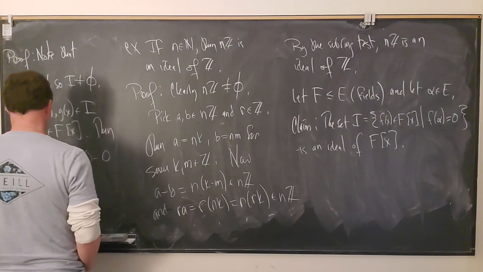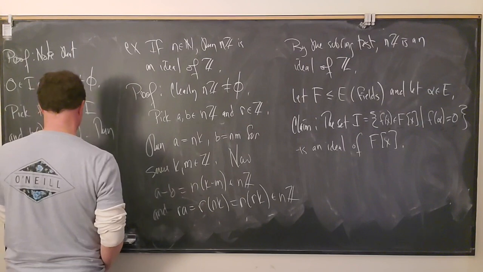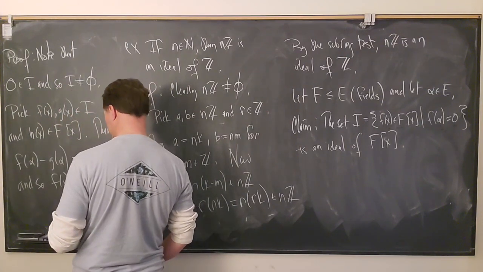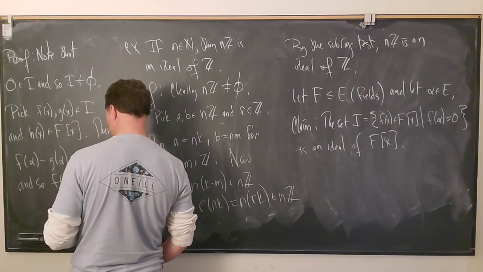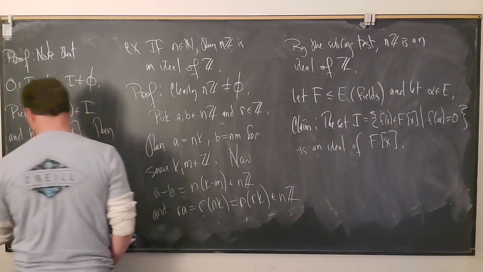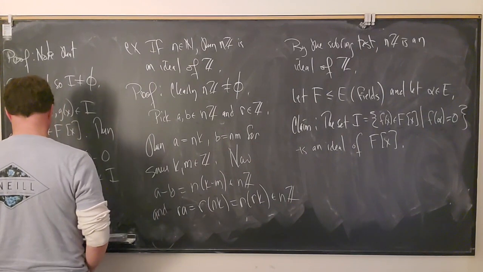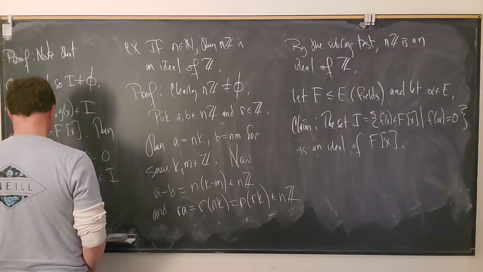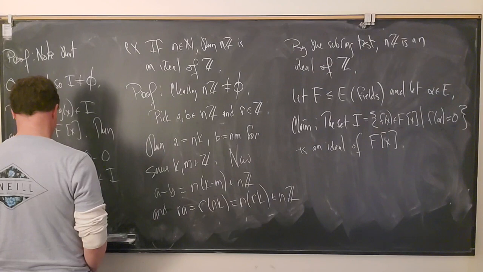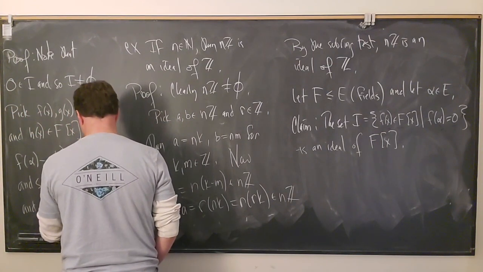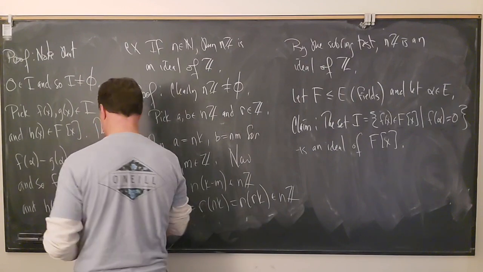And so f(x) minus g(x) is an element of capital I. And if we do h(alpha) times f(alpha), that's equal to h(alpha) times 0, which equals 0.